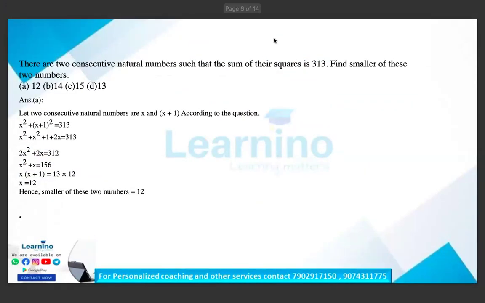There are two consecutive natural numbers such that the sum of their squares is 313. Find the smaller of these two numbers. Let the two consecutive numbers be x and x plus 1. According to the question, x square plus (x plus 1) square equal to 313.